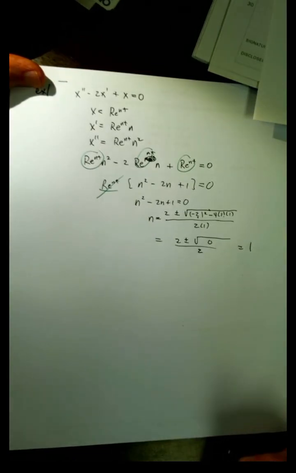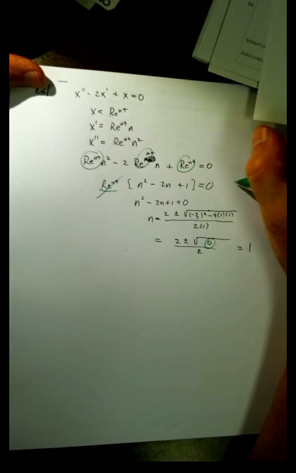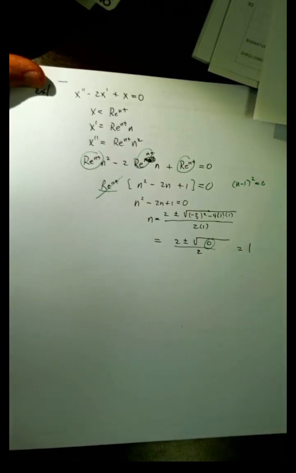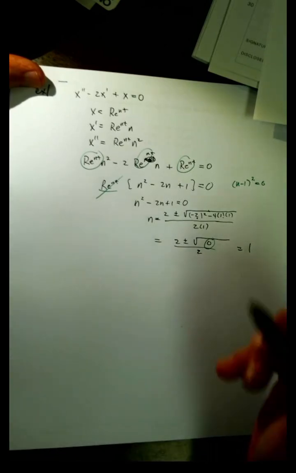So I only have a single root, and the reason I have a single root is because the thing underneath the square root is 0. You may have also looked at this and recognized that you can factor it, and if you saw that, that's fine. You can do that.